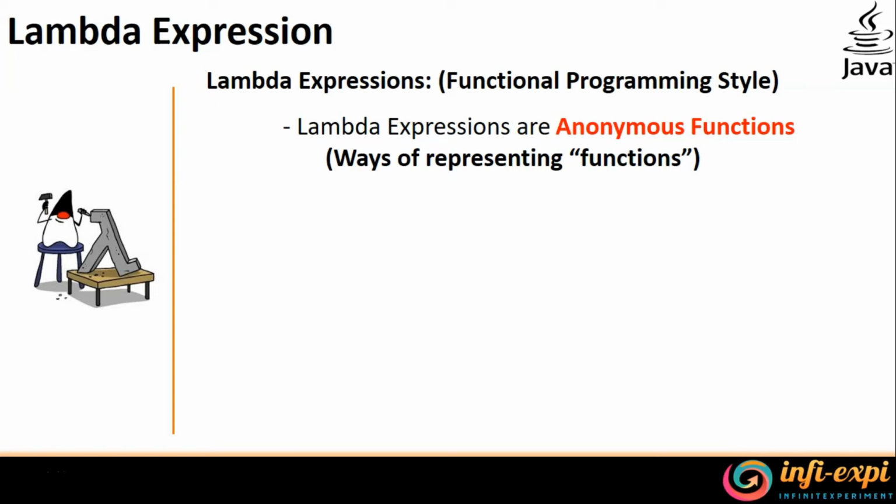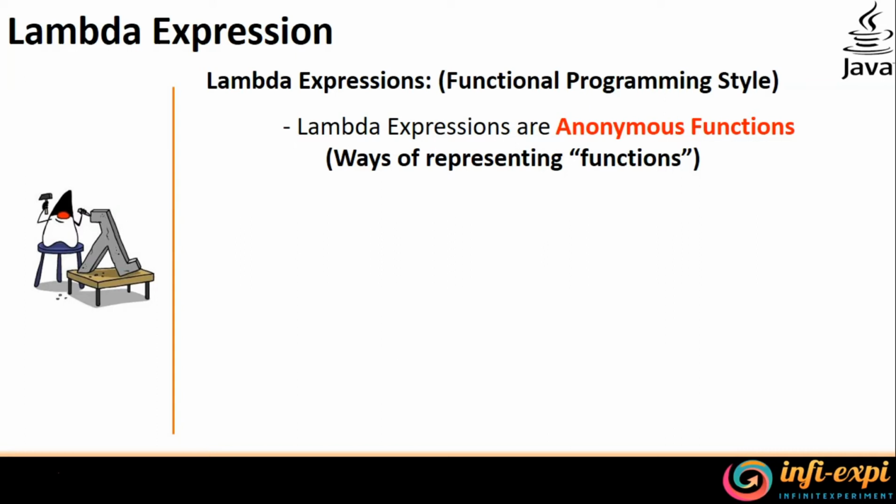Literally, we don't know what's going to happen in the black box, right? And we don't define a name for it. So, more similar pattern of code is what we are going to see here in the Lambda expression as well. Literally, there is going to be no name for the function, and such anonymous functions are technically now called as Lambda expressions in Java 8.